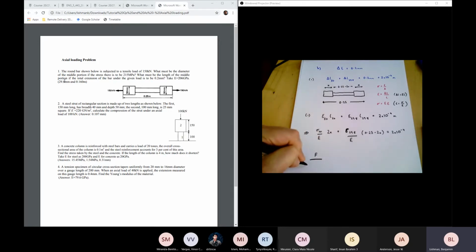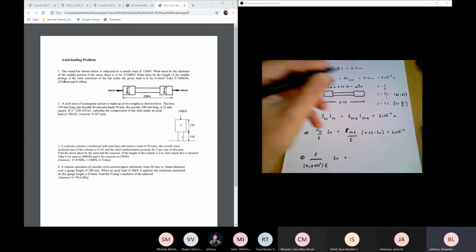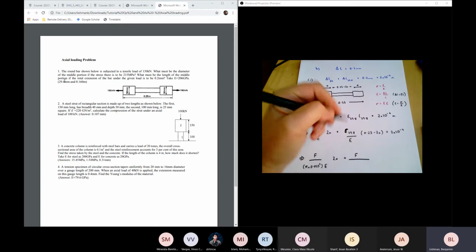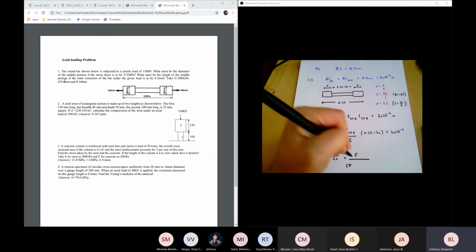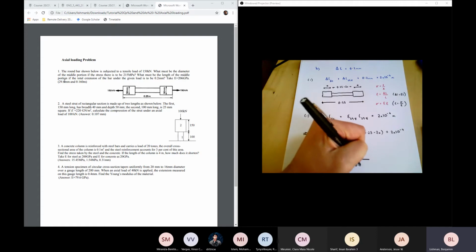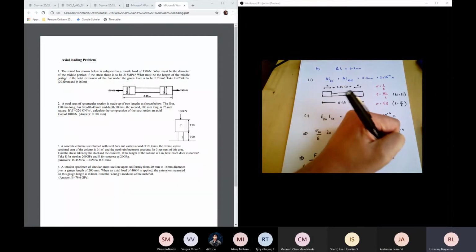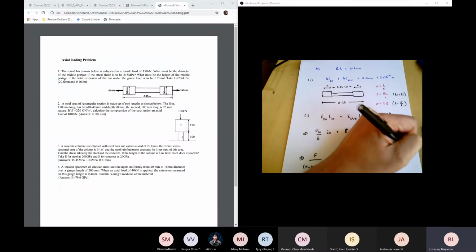Force divided by pi times 0.025 squared multiplied by E, all multiplied by 2x, plus force divided by pi multiplied by 0.0149 squared multiplied by E, all multiplied by 0.25 minus 2x equals 2 times 10 to the minus 4.